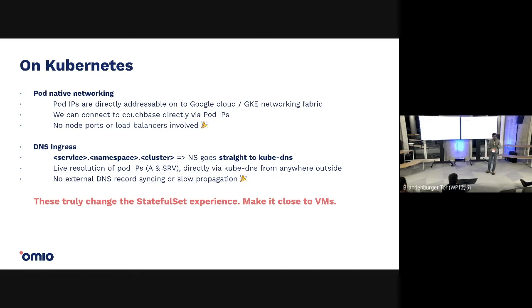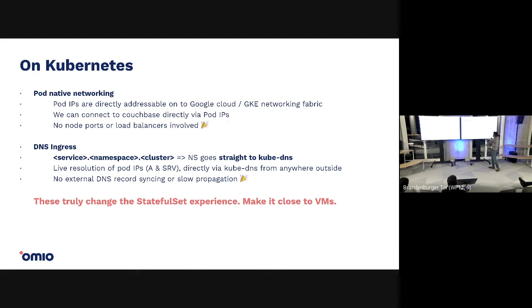So there are no intermediate routers or load balancers or node ports or port mapping, nothing. Then what we did was we have something called a DNS ingress. You have the cluster, and you have Couchbase running on Kubernetes as a service.